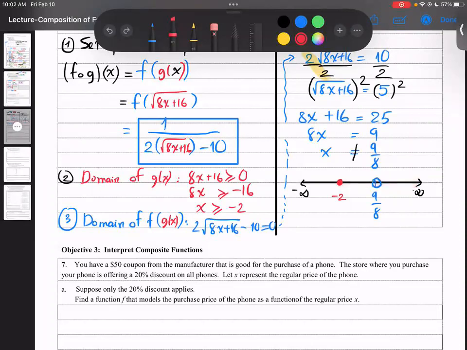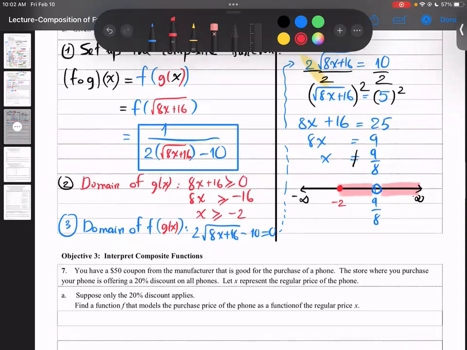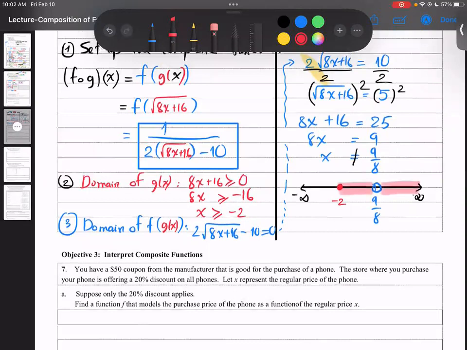But you have to skip that little hollow dot. Sorry about that. And then for the blue function, it says everything but 9, 8. So what is your shaded area?